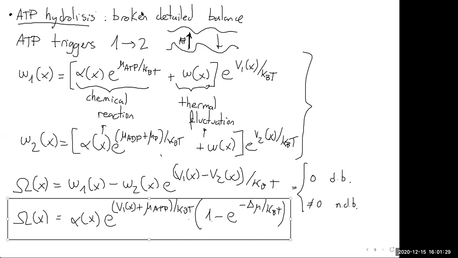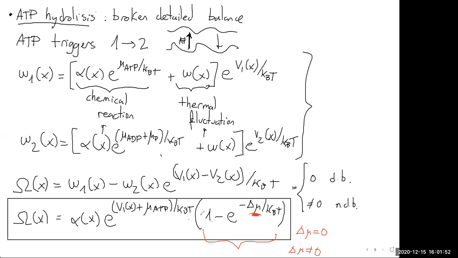And there is this term here that is crucially depending on the chemical reaction. When you have delta mu equal to 0, this is 0 and there is no current. And when you have delta mu different to 0, this is non-zero, you break the detailed balance and there is a current.